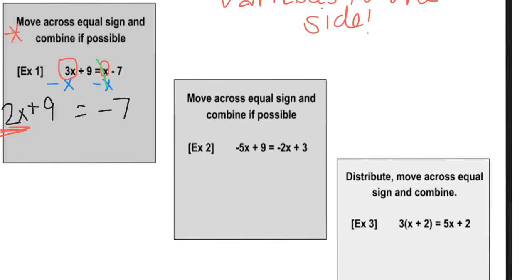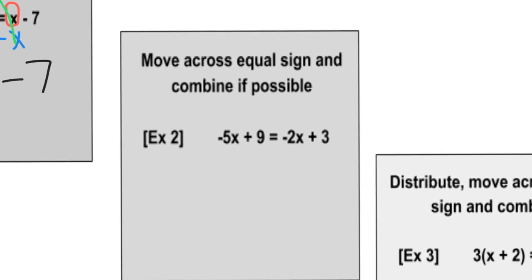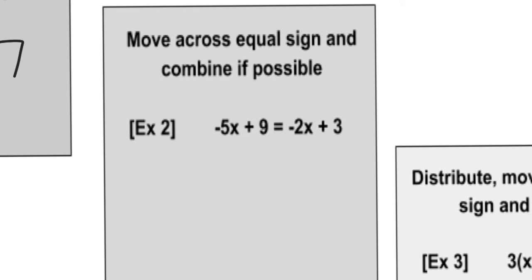If we look at example 2, it again has the same instructions, move across the equal sign and combine if possible. For this one, we see negative 2x, and we see negative 5x.